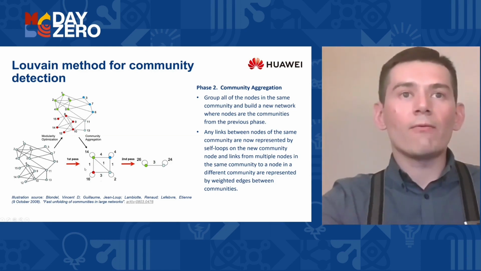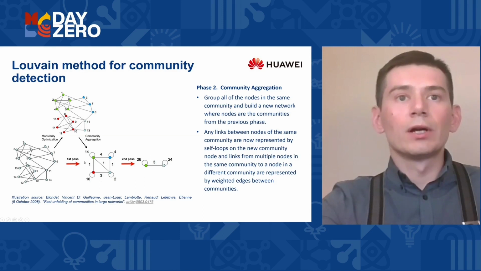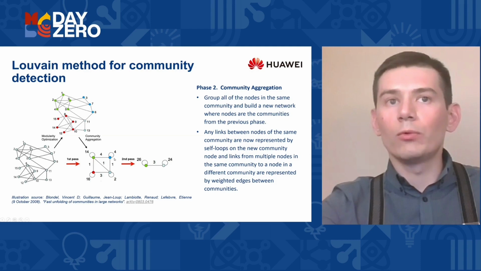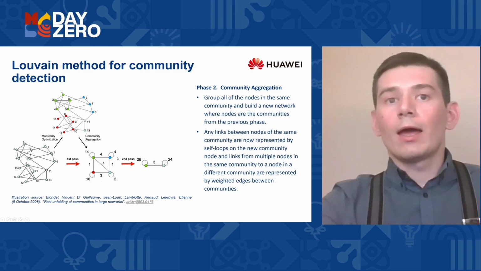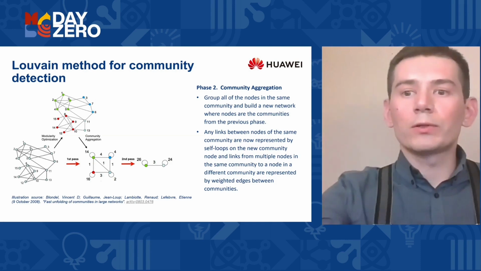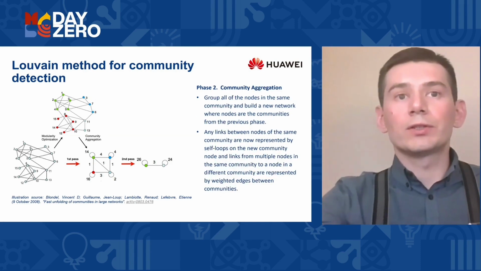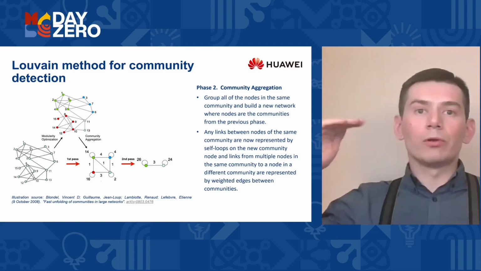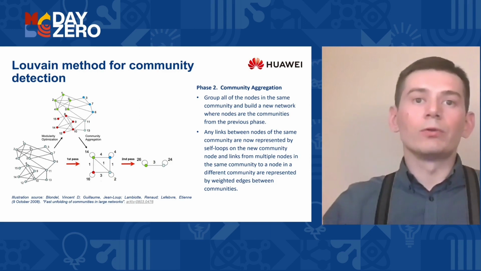So at the end of the first phase, we have this super graph where we only care about how many connections we have inside the community and outside the community. And we repeat this process iteratively. So then we also apply phase 1 and phase 2 until our modularity value stops increasing.